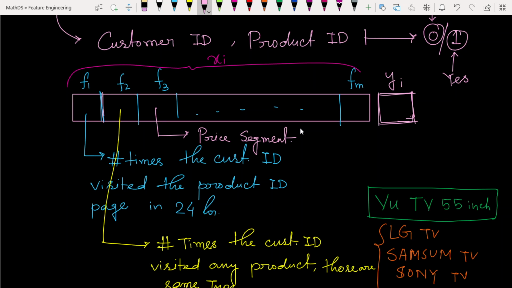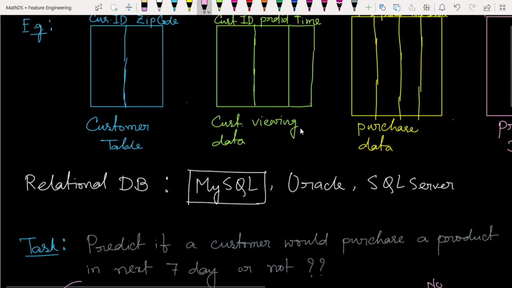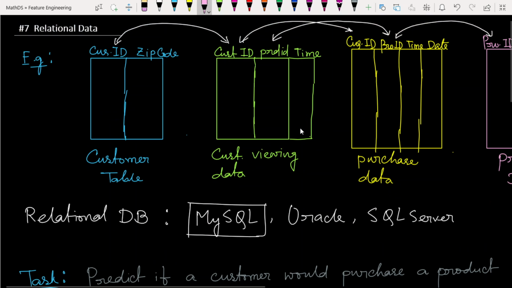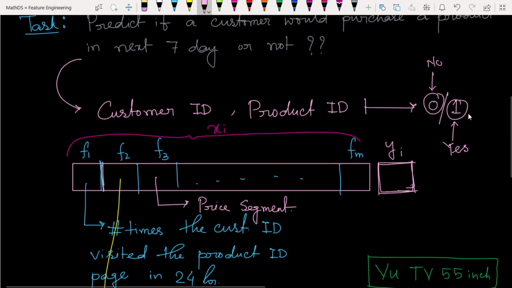I think you got the idea of how these features, how this relational database helps us. From these relational databases, we can conclude for the corresponding customer ID what kind of product, how many times it was visited, whether it was previously bought or not, and what the product descriptions are.